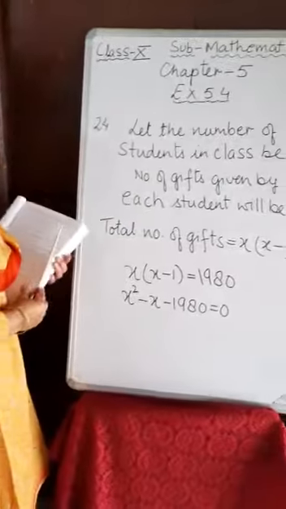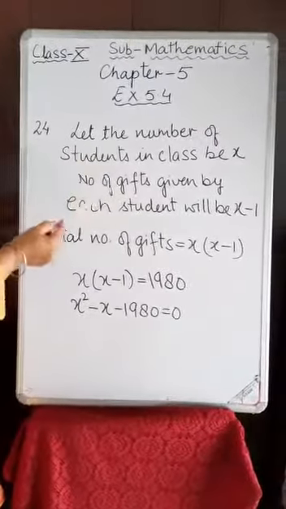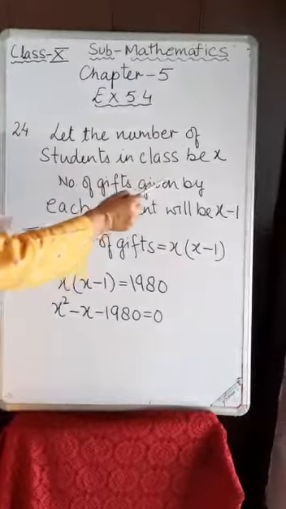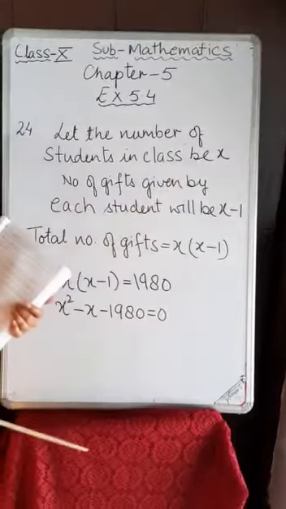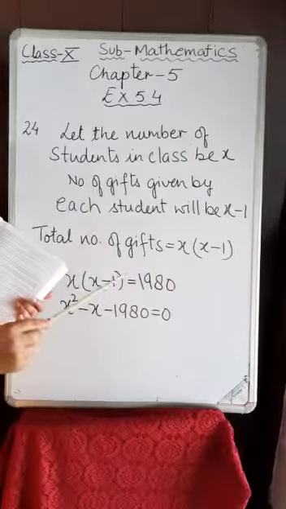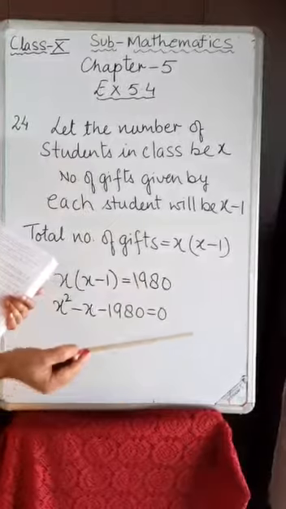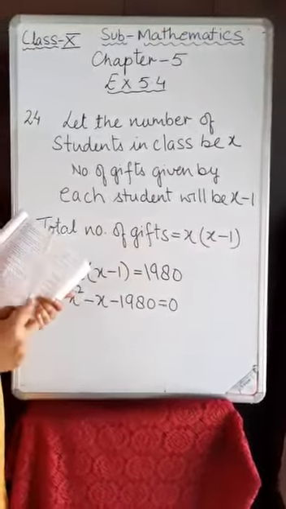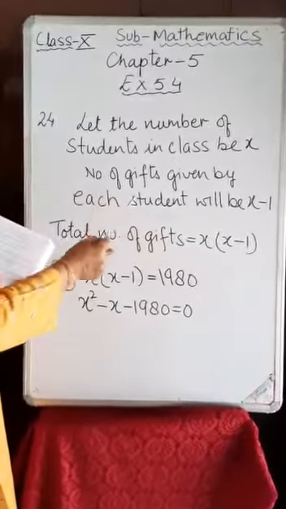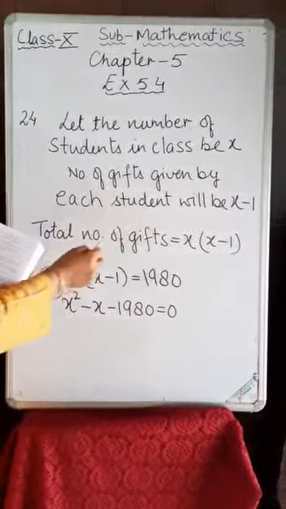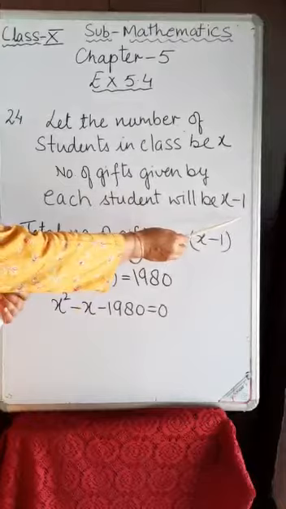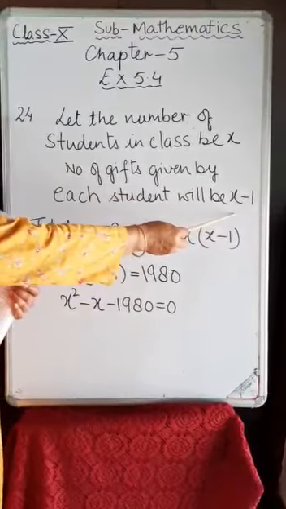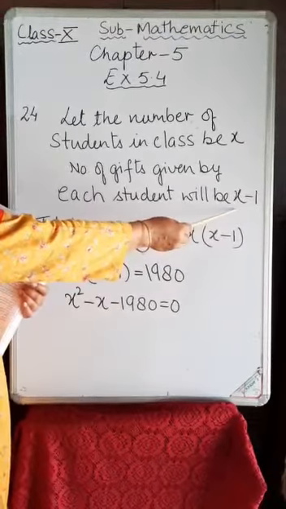Now let the number of students in the class be x. As you know, a student does not give a gift to himself or herself. It means that the number of gifts given by each student will be x minus 1, because he or she is not including himself or herself.